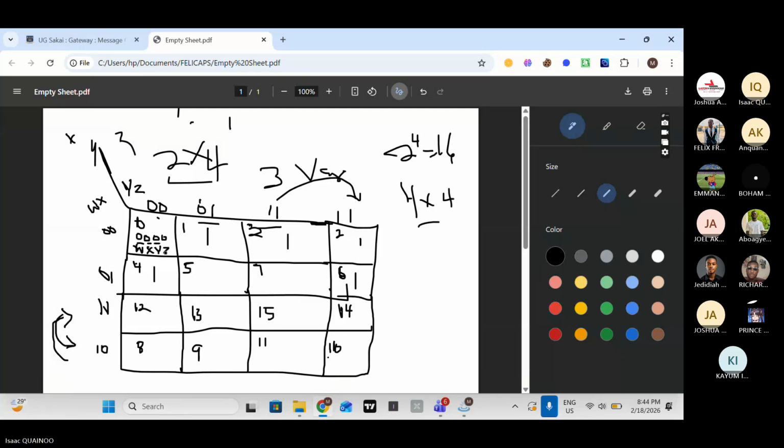And this here represents what? 0, 0, 0, 1. So 0, 0, 0, 1 is what? W not, X not, Y not, and then Z.